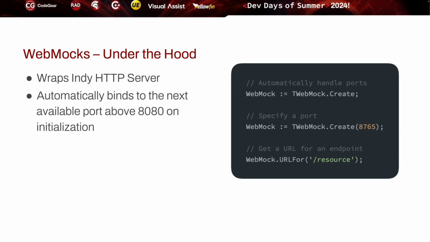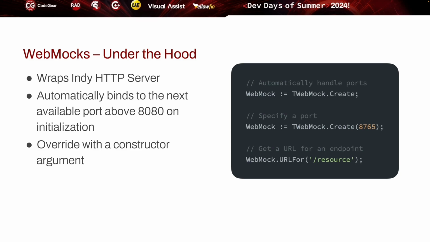And it automatically binds to the next available port above 8080 on initialization. So that means, well, if 8080 is available, it will use it. Otherwise, it will just keep going until it finds a free port. Or you can override it with a constructor. So you can see here TWebMock.Create(8765).